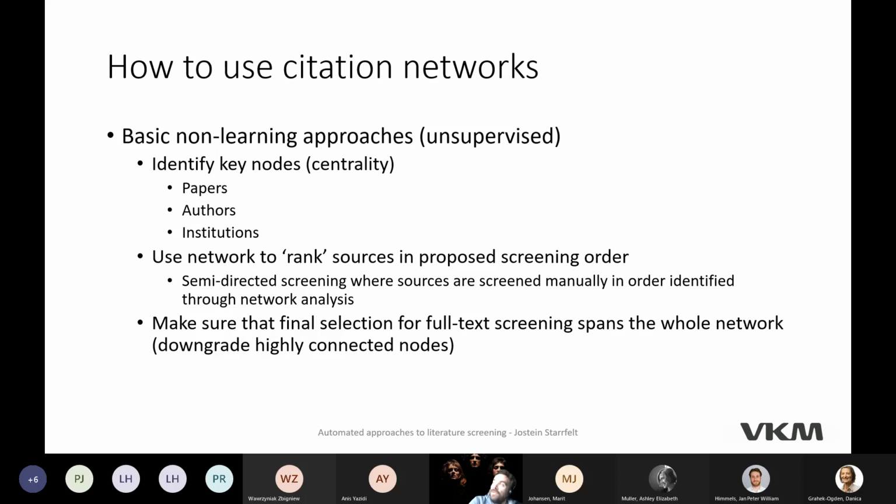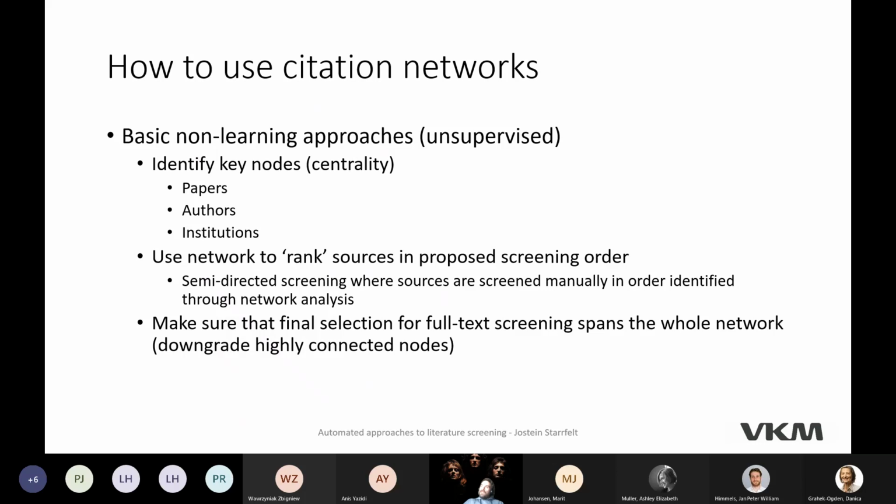Another way you could do this is to try to remove the bias of the centrality of such a network. In some cases, you might end up screening or including literature that doesn't really span the whole network.